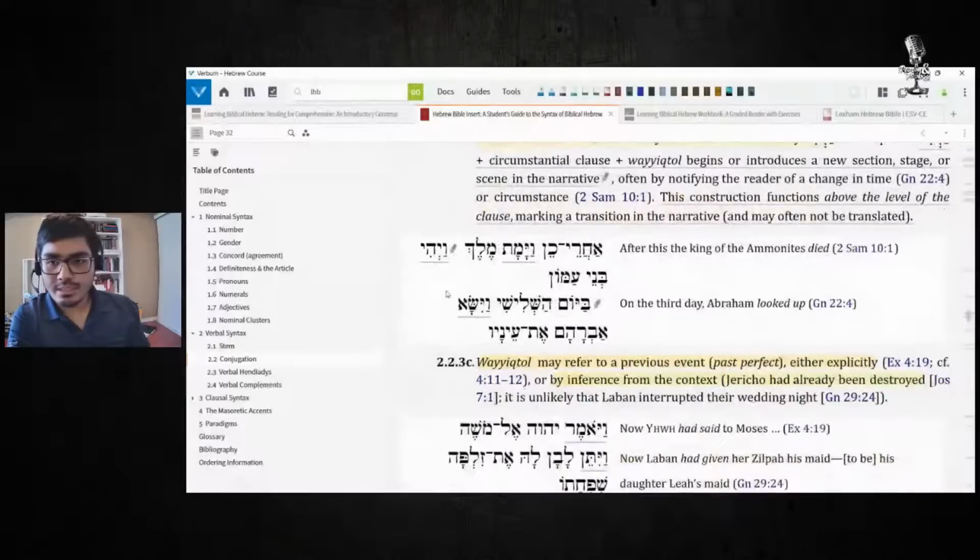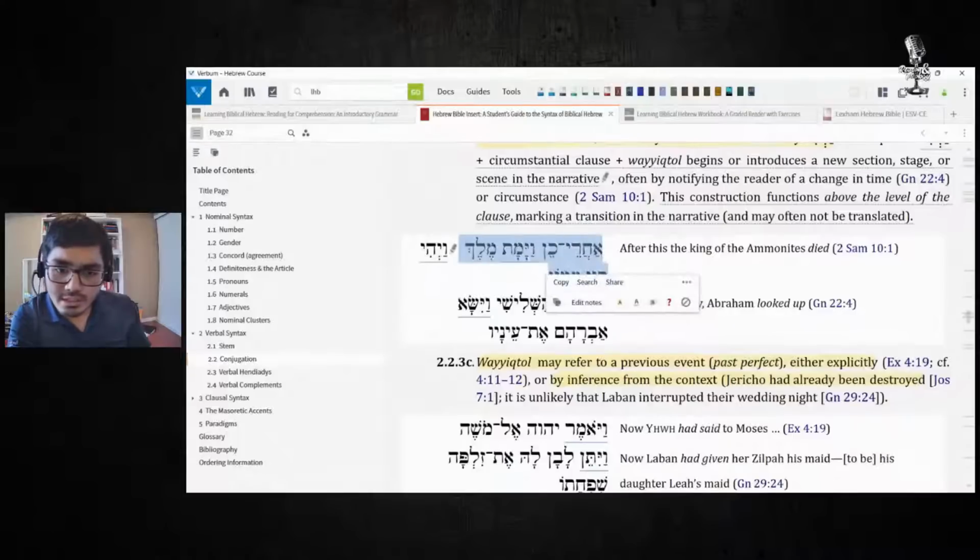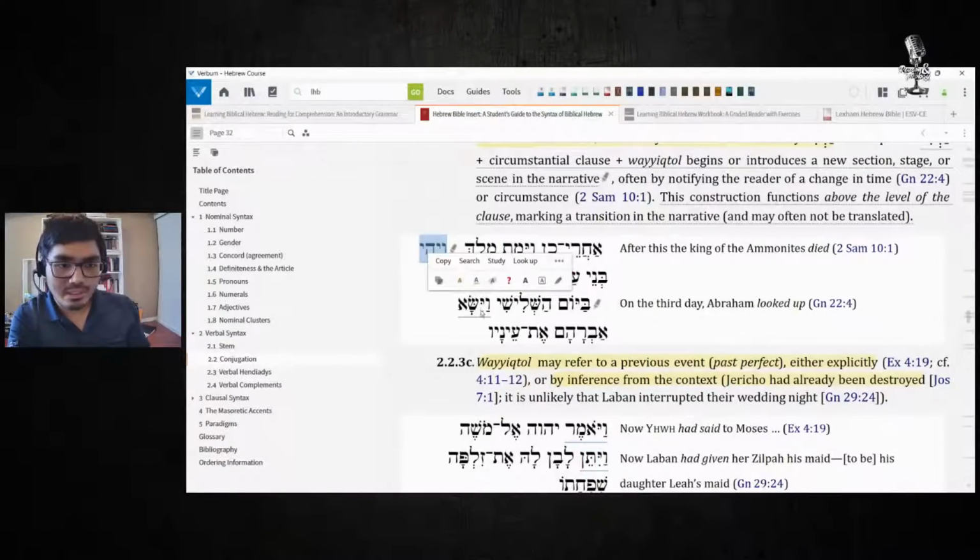Some examples of this would be 2 Samuel, chapter 10, verse 1, Acharechen, Vayamot Melech, Vayhi Bnei Ammon. So after this, the king died, and he was of the sons of Ammon.